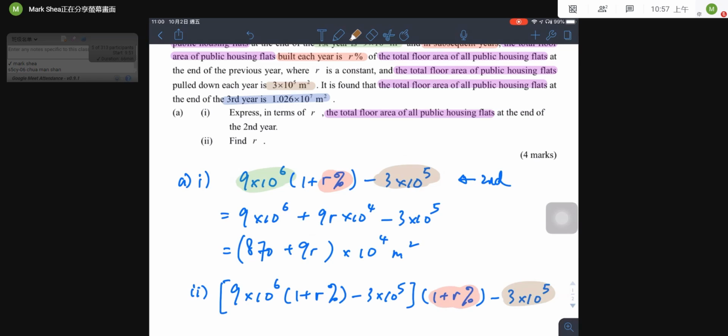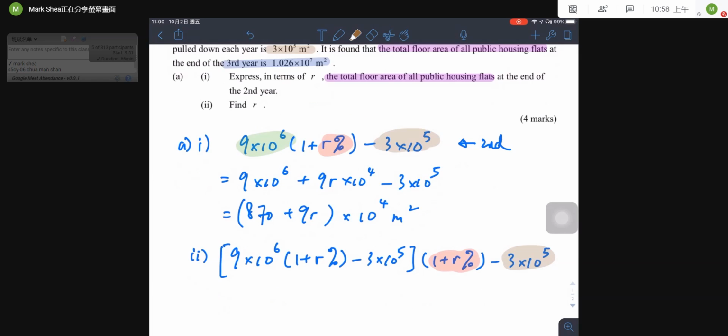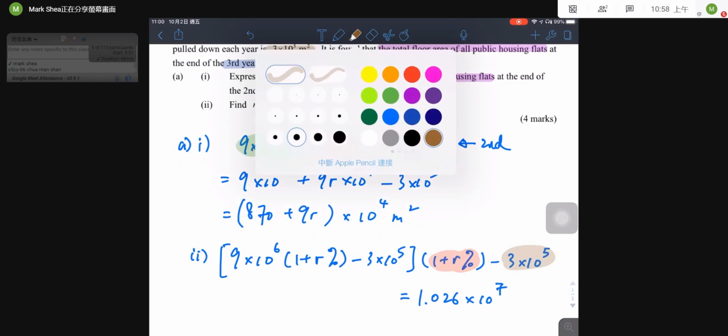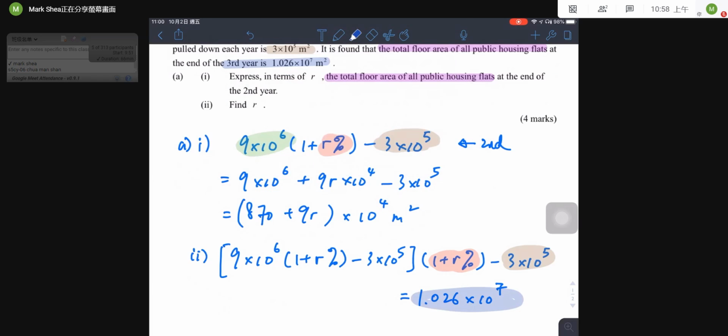So this is the area at the end of the third year. And from the information from the question, we know that it equals 1.026 times 10 to the power 7. This is from the information from the question. And we have an equation and one unknown, then we can solve for R.